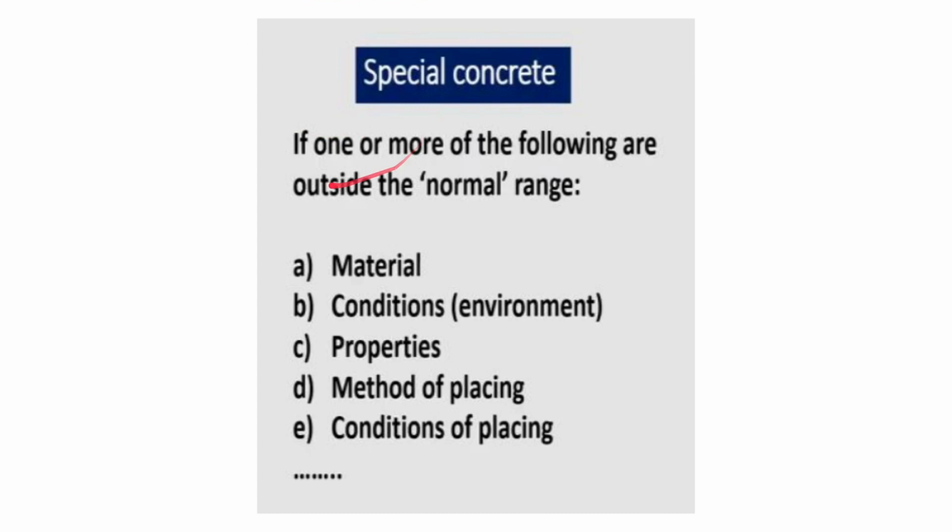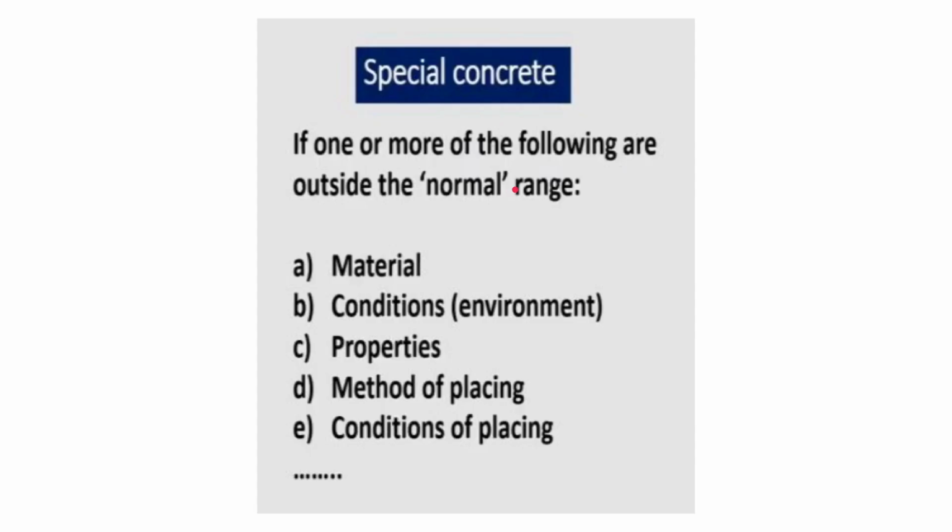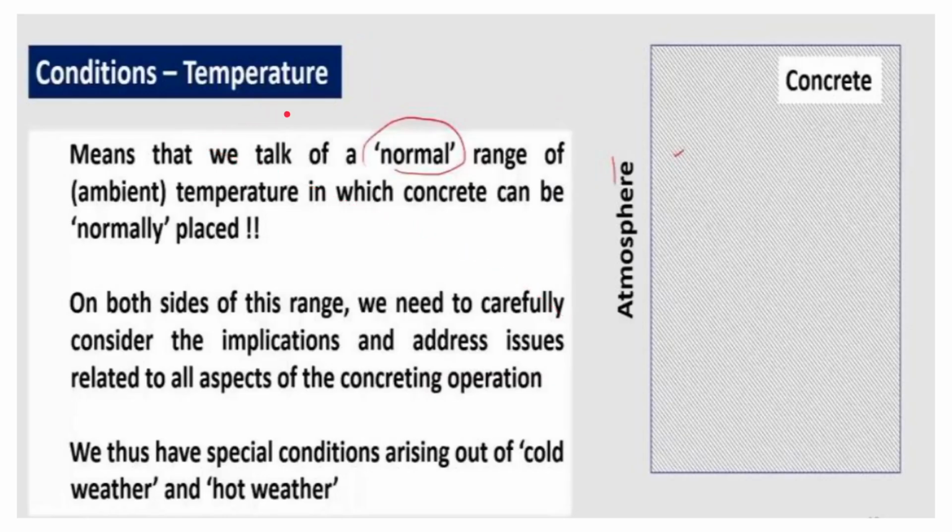Concrete is special if one or more of the following conditions fall outside the normal range: materials, environmental condition, properties, placement methods, placement conditions. If any of them is outside the normal range, it is termed special concrete. Here we are going to study the temperature condition, and how it can be used to separate a conventional concrete from a special concrete.